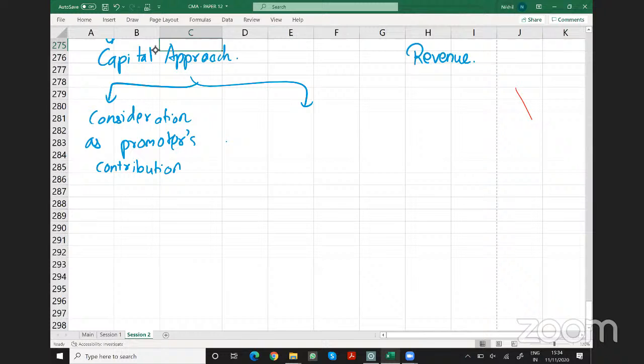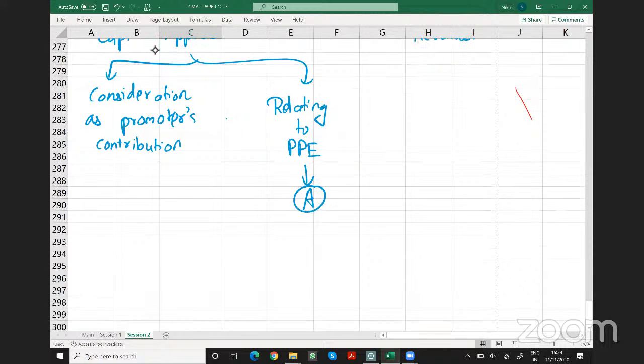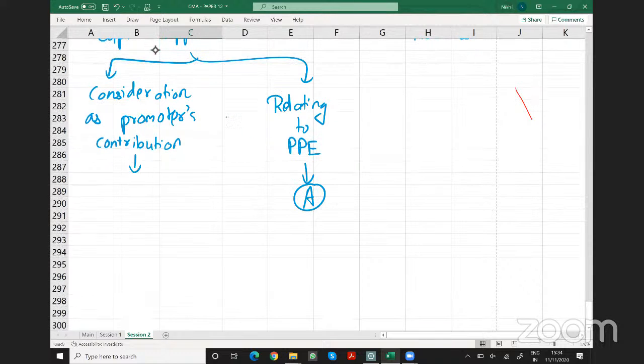I will consider this as promoters' contribution relating to PP. This will be in my chart A, which we will have as a separate chart. We will say add to capital reserve.